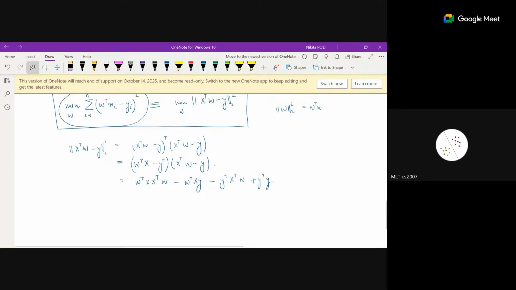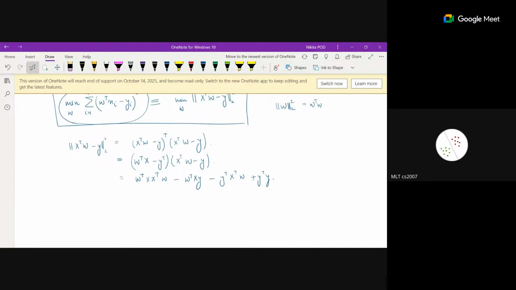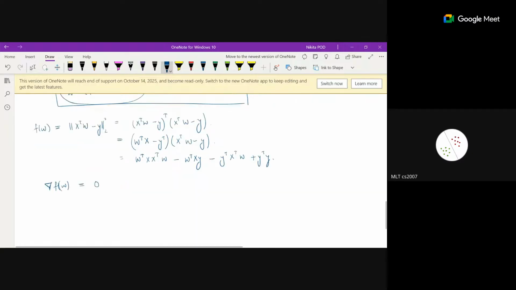So what do we want to do next? We want to take this derivative. Let's call this f of W, because this is a function of W. Now, if you take the derivative, we have to set it to 0.